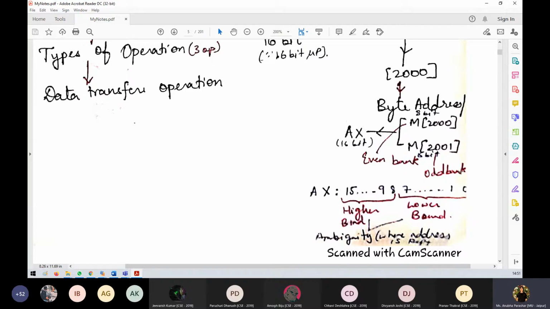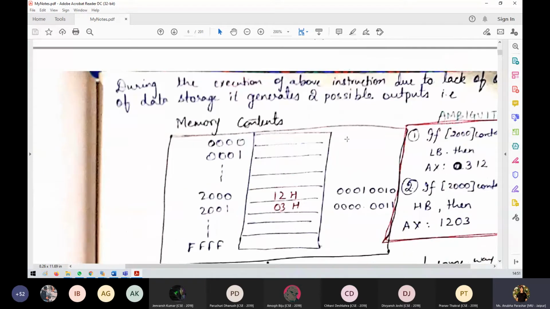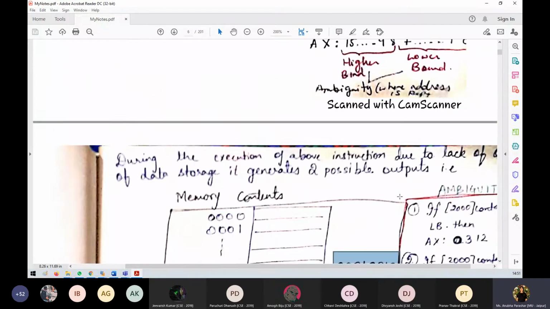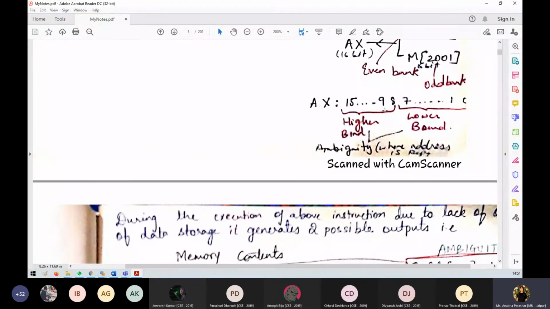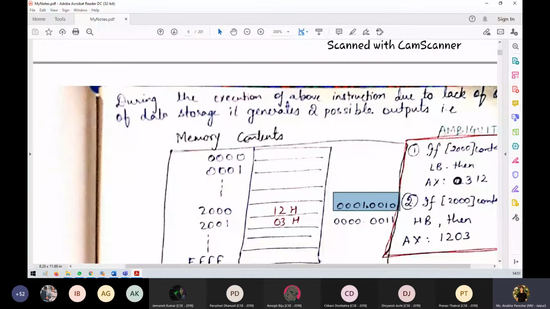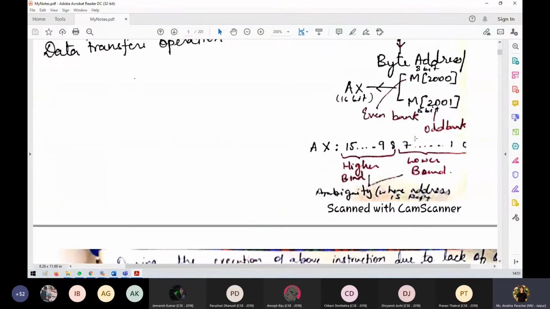Let's say at cell 0 you can store something, at 1 you can store, at 2 you can store, at 3 you can store. Simply you can assume that it is an array. Here you have some memory space and you can store here, because AX is your register. So when you have to store this data, one option is to take it and put it at the higher byte, or take it and put it at the lower byte.